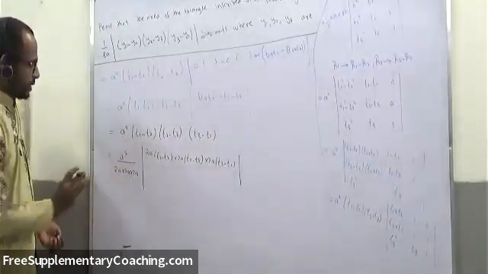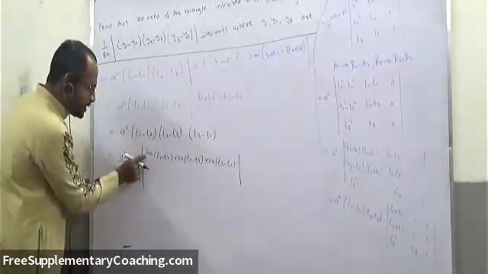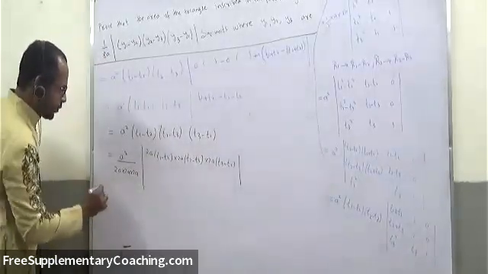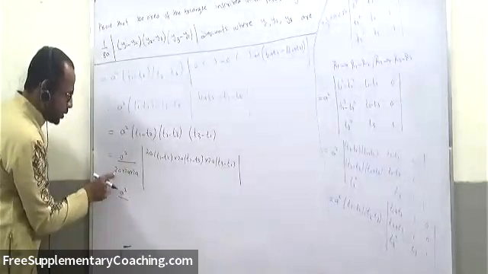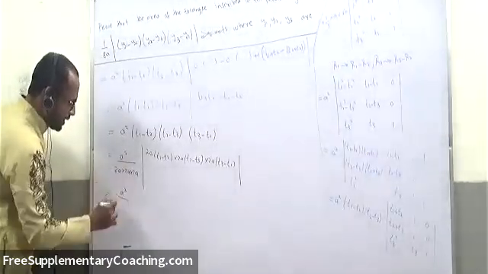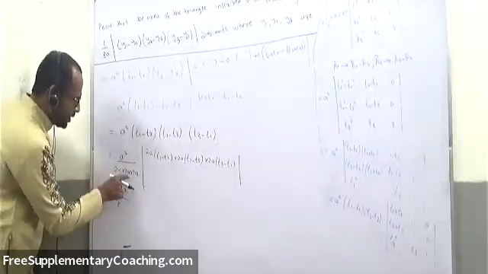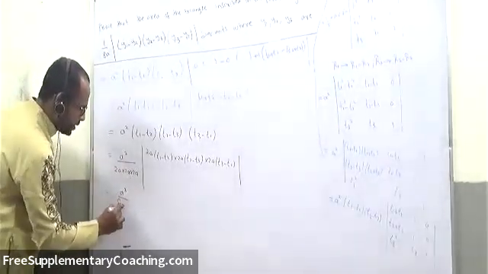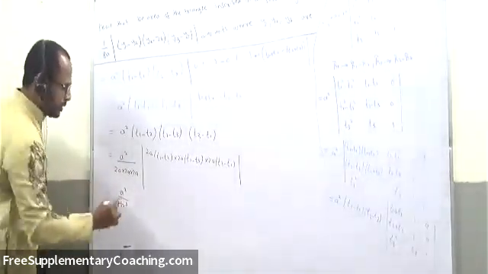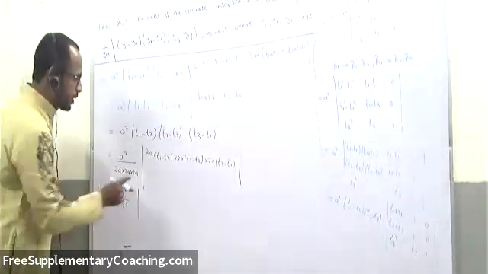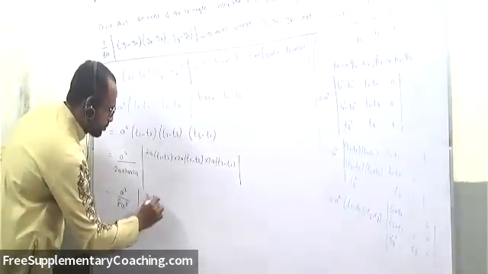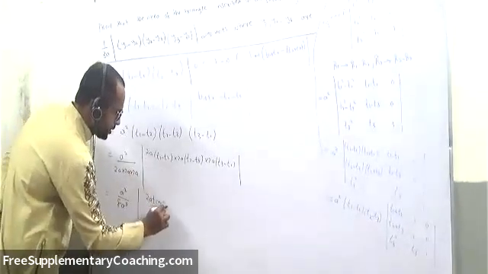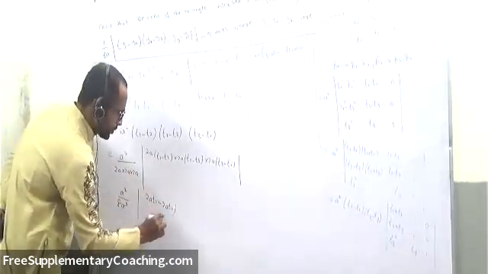Okay. Now take this 2a inside. So what we are getting? A square as it is, by 2 to the 4, 4 to the 8, a into a square into a is a cube, under mod 2a T1 minus 2a T2, right?